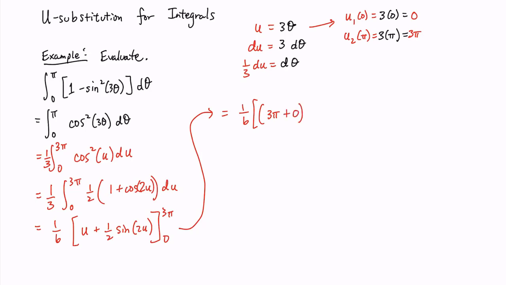Sine of 6 pi is 0. And then minus 0 plus 0. That's really nice. And we are left with 1/2 of pi. And there you go. That's an evaluation of a definite integral using the technique called u sub.